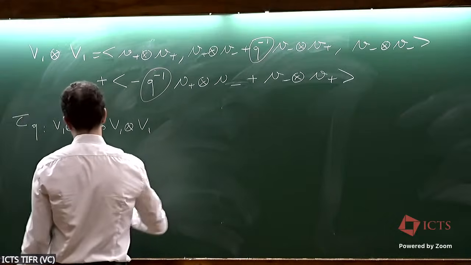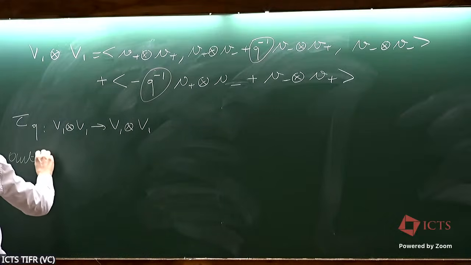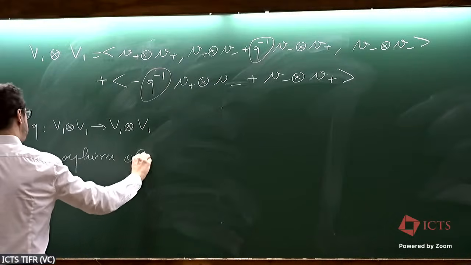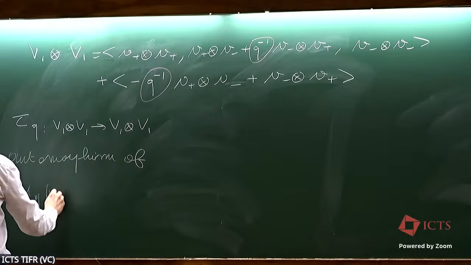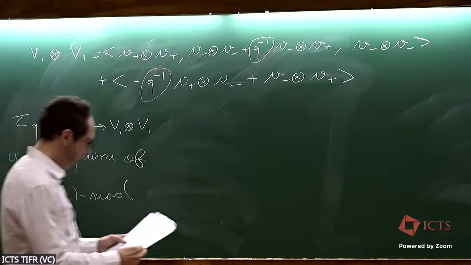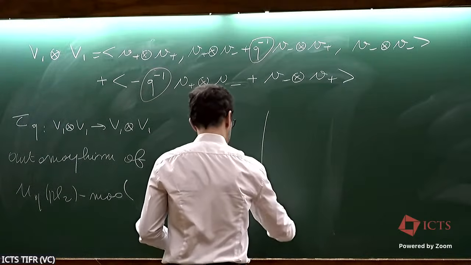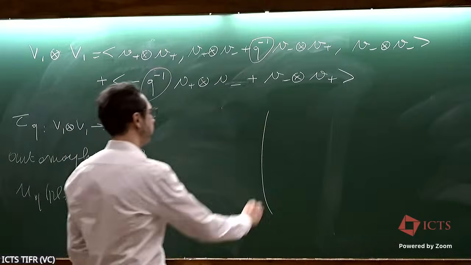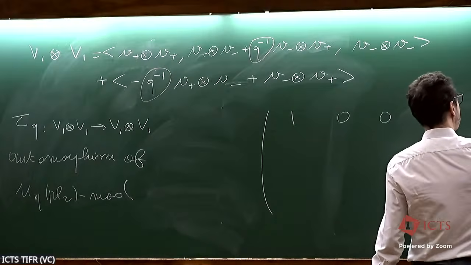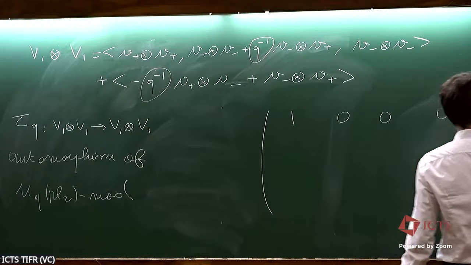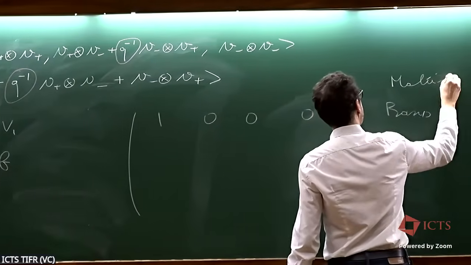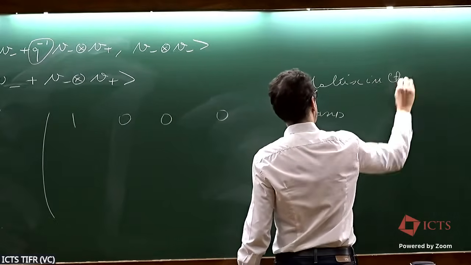It's an automorphism of the U_q(sl_2) module. And you may write the matrix, a 4 by 4 matrix, this way, in the basis of pure tensors.